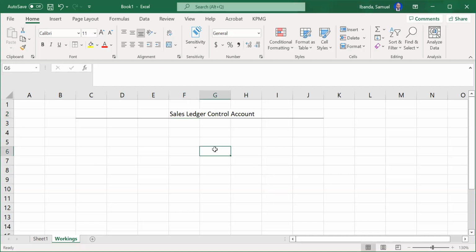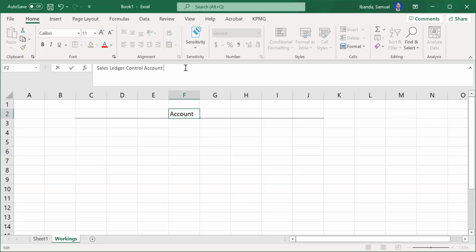The sales ledger control account is sometimes called a receivable ledger control account, because receivables are related to sales. So sometimes it can be called that interchangeably.